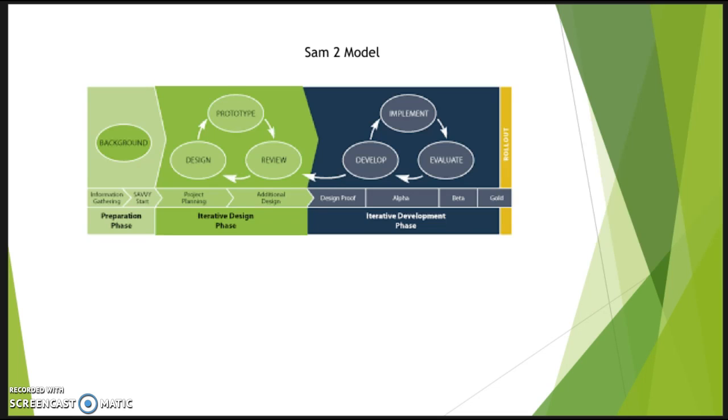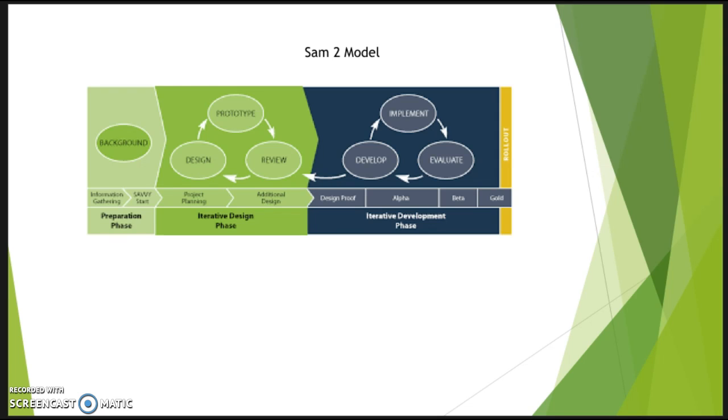SAM 2 has 3 distinctive phases encompassing smaller steps. The initial preparation phase is when we gather information about the design and the company. In that area of the background design, we're doing the savvy start, which includes project planning, additional design throughout this phase, and prototypes.